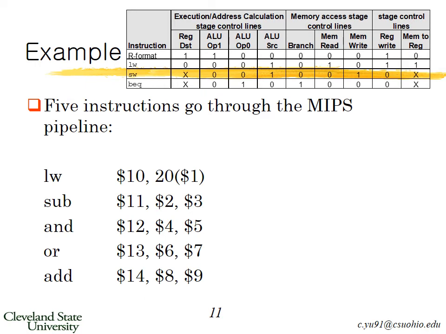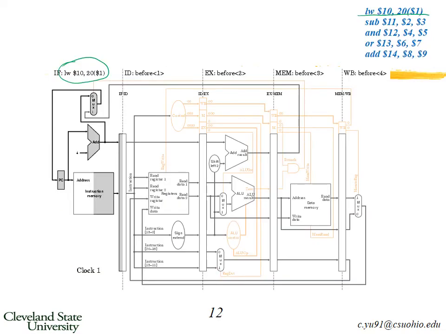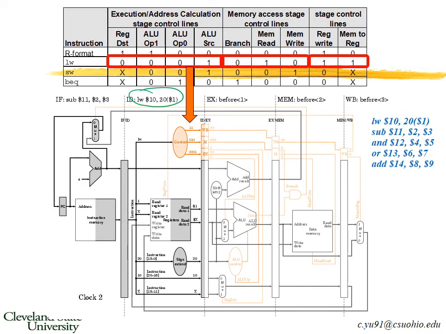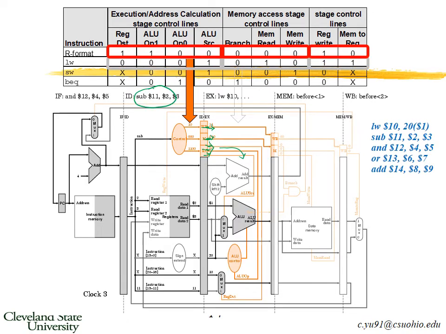So just to give you an idea how those control signals work with the 5 instruction sequence. Let us say a load word instruction is coming into the instruction fetch stage. In clock cycle 2, it is moving into the ID stage. At that point, 9 control signals will be generated by the control circuit, and in cycle number 3, the load word instruction moves into the execution stage.